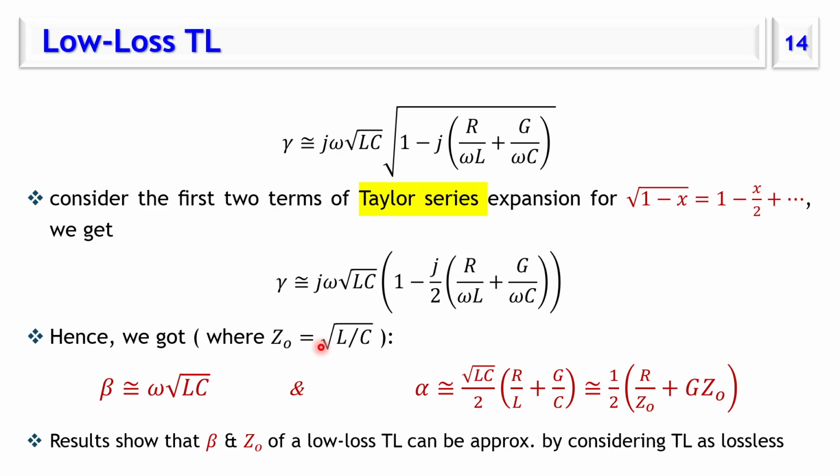So for the zero order approximation, we assume an ideal transmission line. For the first order approximation, we assume a real characteristic impedance with a complex propagation constant. And if we want to analyze the circuit even more accurately, we can take Z0 as a complex quantity and solve the problem.